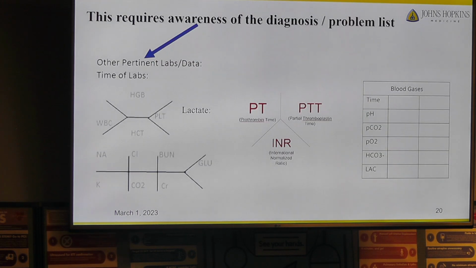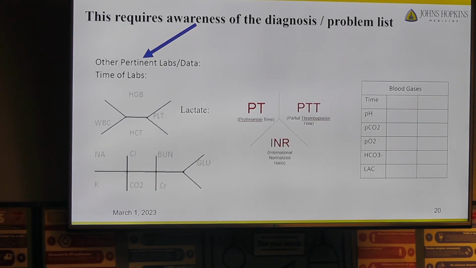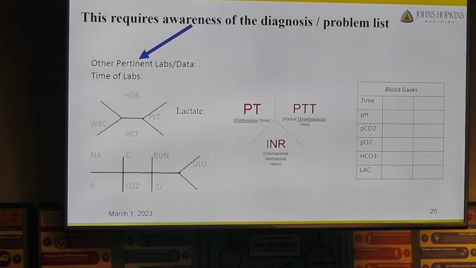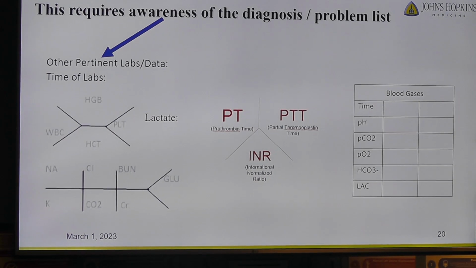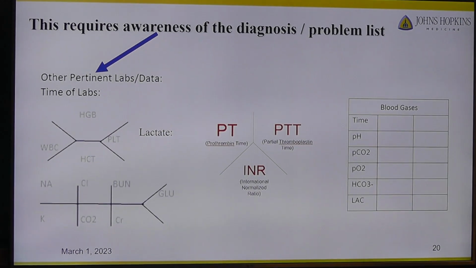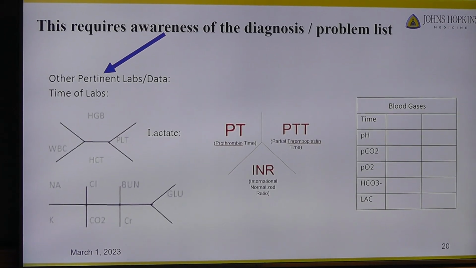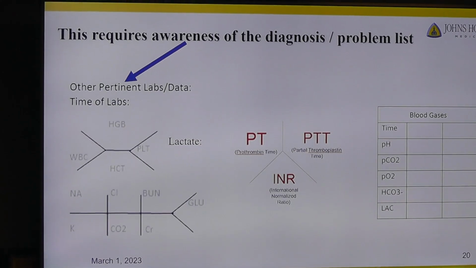I want to talk a little bit more about the lab and imaging data. You're going to be given a packet that sometimes looks like this, right? Or you're going to be given every lab that has been done on that patient. Your job is obviously to report the data or the labs that are relevant to what is going on with the patient.